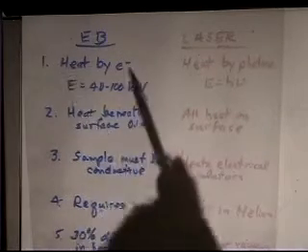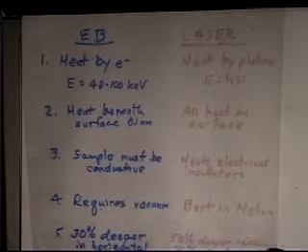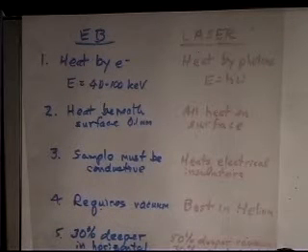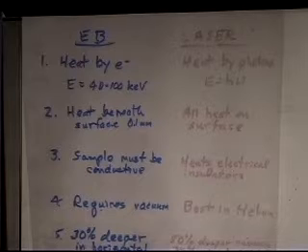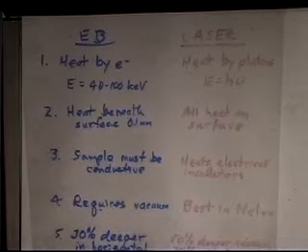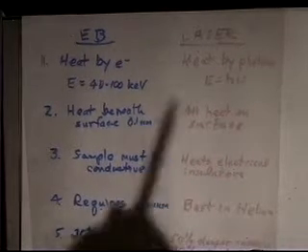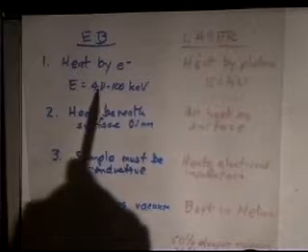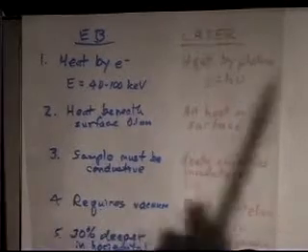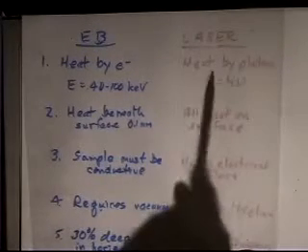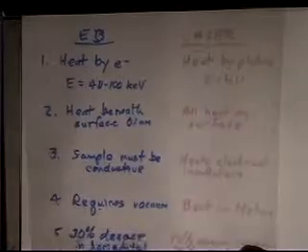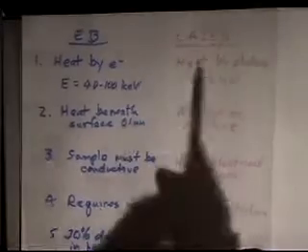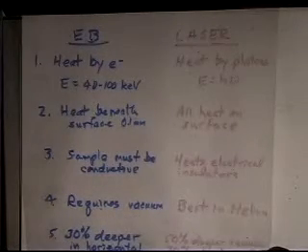Okay, so with electron beams, you're heating with a stream of electrons, and typically your voltage is going to be 40 kilovolts to 100 kilovolts. There are also million volt electron beam units, and we'll talk about how the voltage affects things later. Here, with lasers, fundamentally we're heating with photons, and the energy of each photon is h nu.